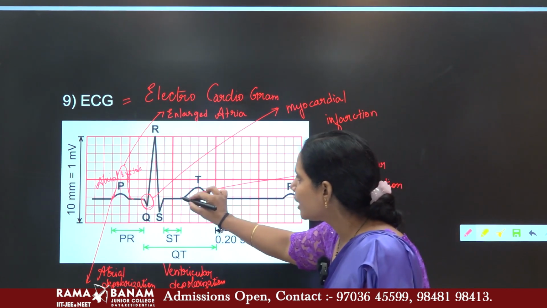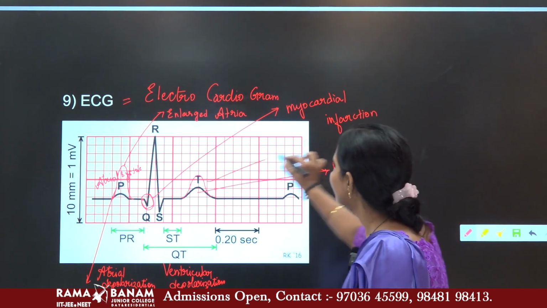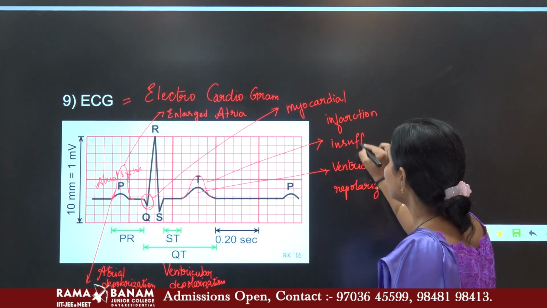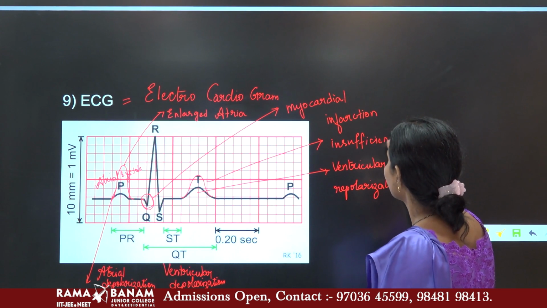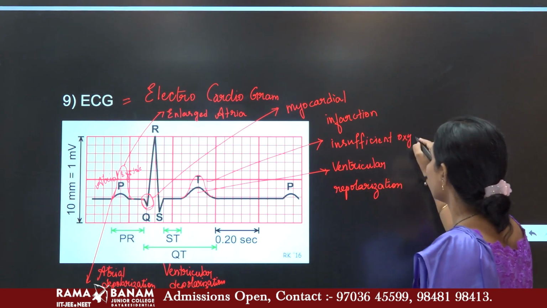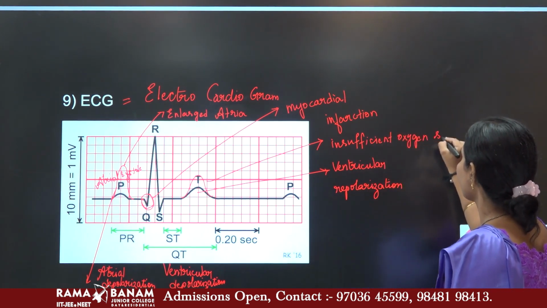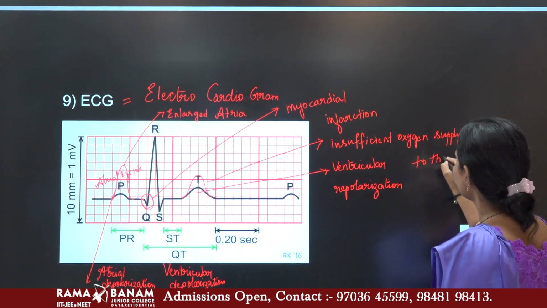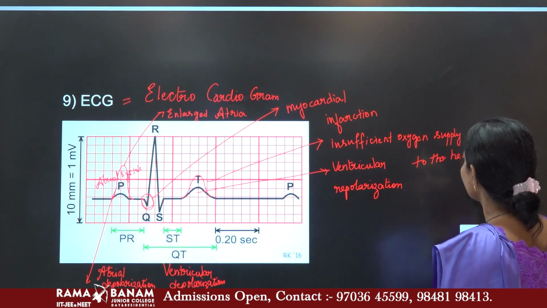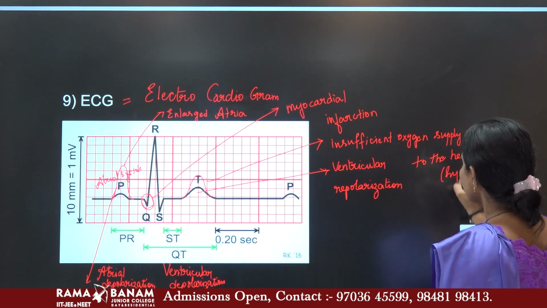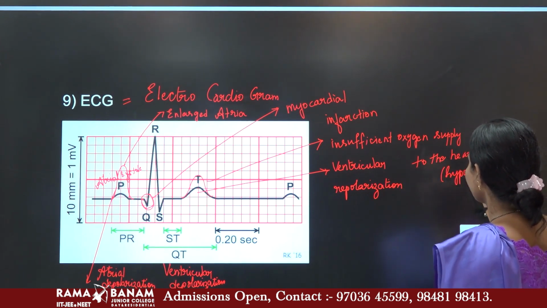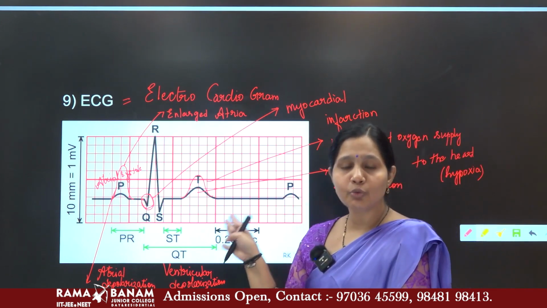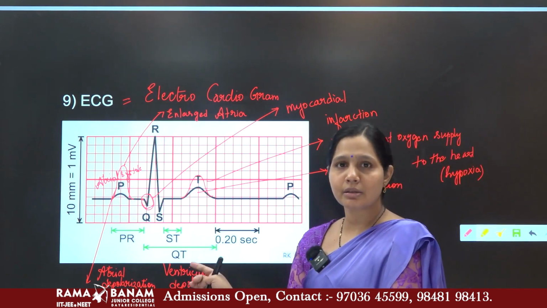Whereas an enlarged T wave corresponds to insufficient oxygen supply to the heart, what is known as hypoxia, right? So, these are the indications which are observed through an ECG.